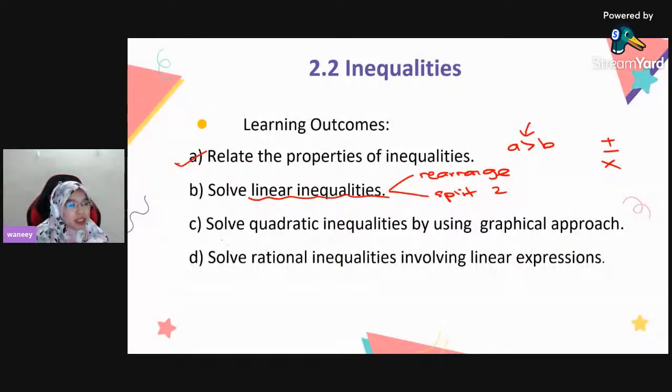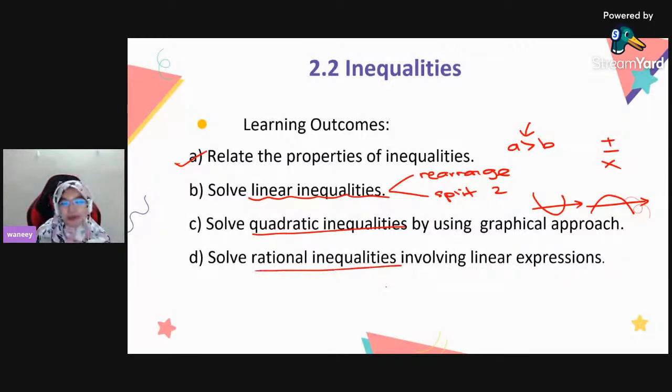And then the third one is that we are going to solve the quadratic inequalities by using graphical approach. So of course, you know, like quadratic, it will either be a smile graph or a sad graph. And then we're going to see which region that is. Okay, solve rational inequalities involving linear expression. What does it mean by solving rational inequalities involving linear expression?